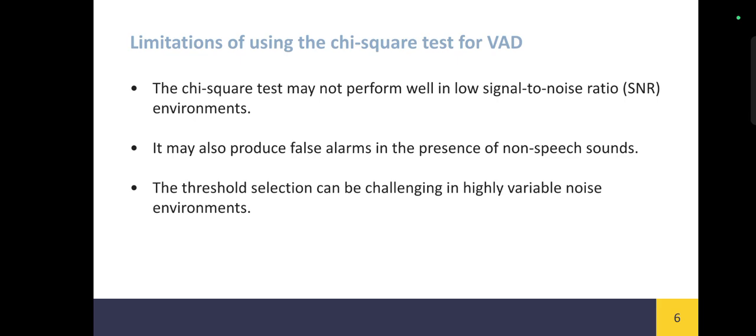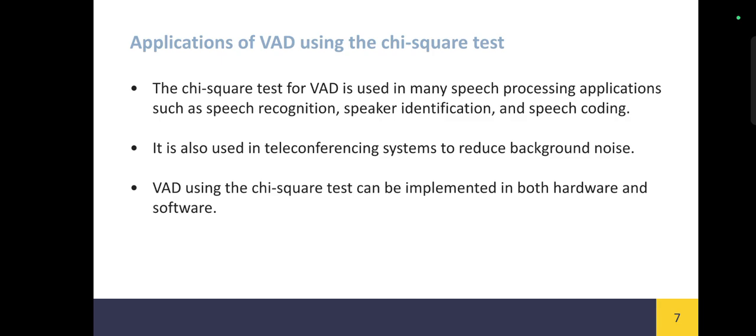Now, moving to an interesting topic: applications of voice activity detection using the chi-square test. The chi-square test for VAD is used in many speech processing applications such as speech recognition, speaker identification, and speech coding.